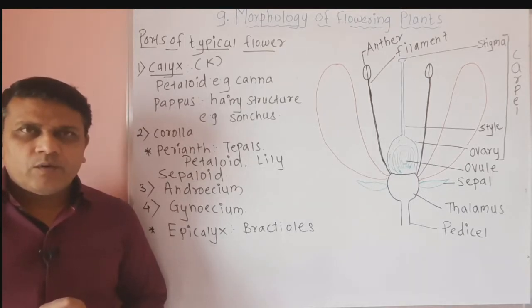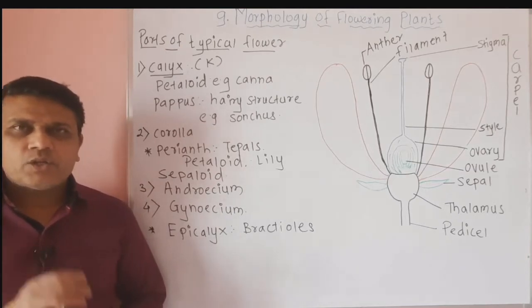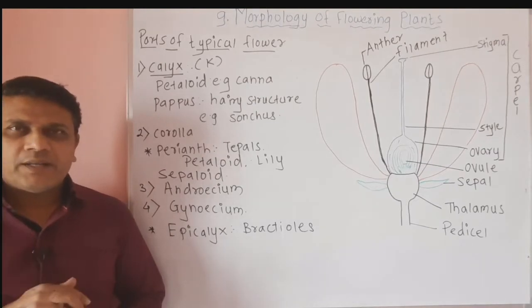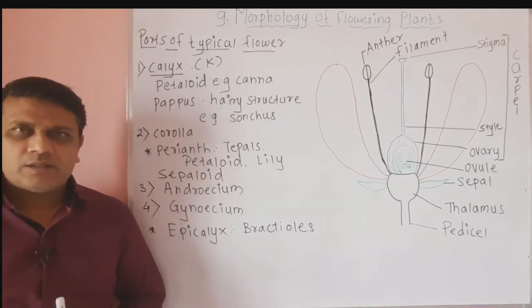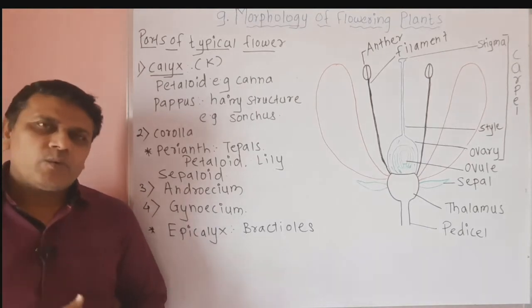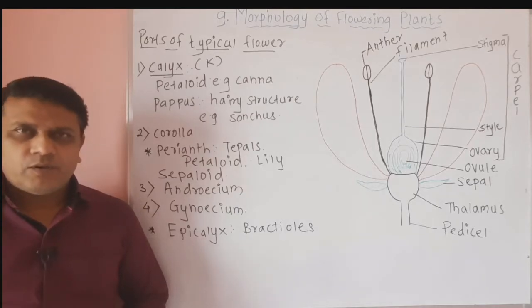Now you know that flower is the highly modified and condensed reproductive shoot of the plant and is responsible for the process of sexual reproduction. Now flowers are of different varieties, then they are of different colors, size, shapes. So here we are going to see the structure or the parts of typical flower.